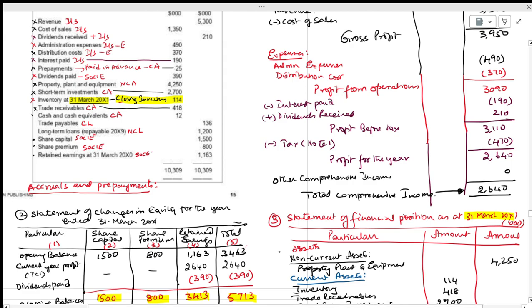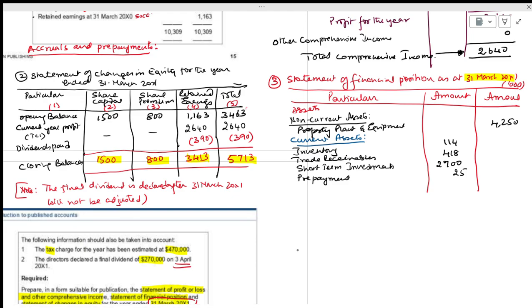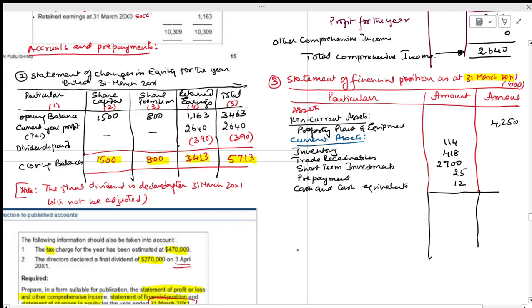Cash and cash equivalents, how much? 12. Total how much? 3,269. These two total how much? 4,250 plus 3,269, how much?